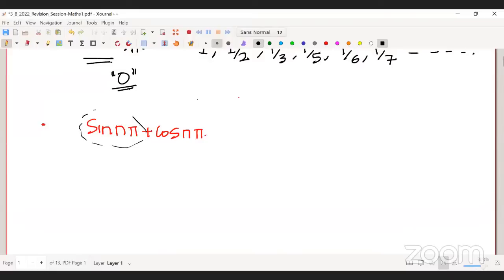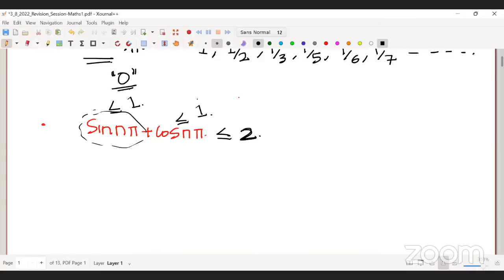Because sin is certainly less than or equal to 1, and cos is certainly less than or equal to 1, very easily we can say that this is certainly less than or equal to 2. But when sin is 1, at that time cos is 0, right? Sin n pi is 0.